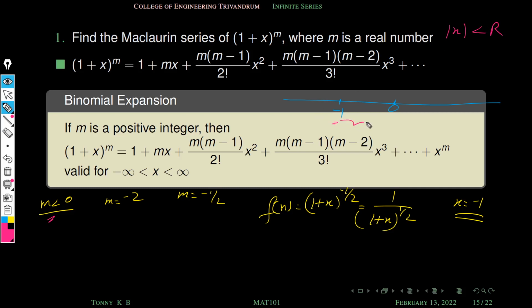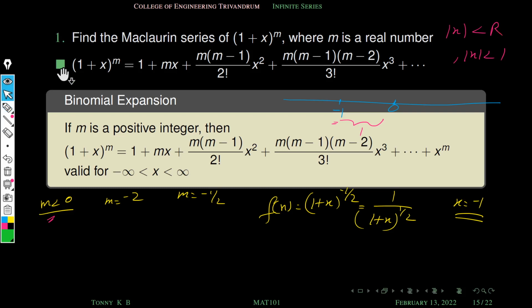Yes, we know that this length is 1. Okay, so the largest interval is mod x less than 1. So if m is negative, this series is valid only when mod x is less than 1. Similarly, if m is positive, there is no restriction for x, because if m is positive, this function is always continuous, so r is infinite.